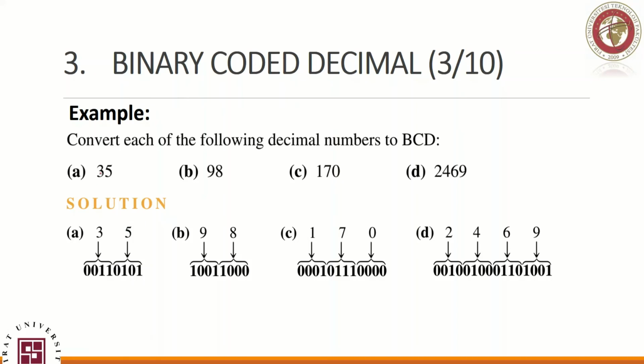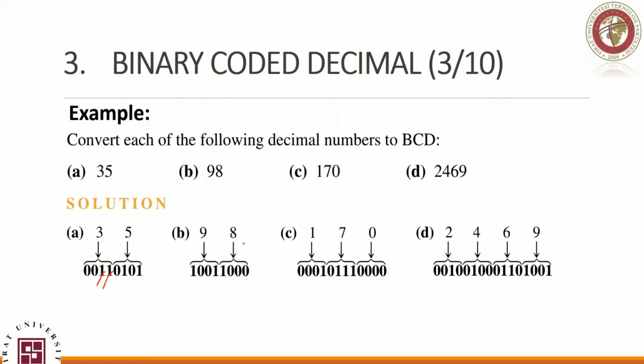How about 3? 3 is 2 plus 1, 0, 0, 1, 1. I hope you guys catch what I say, 2 plus 1. That means the positional weight here, the positional weight 8, 4, 2, 1. I hope you catch it. And 3, for example, is composed of 2 plus 1. So positional weight here 2, place 1, positional weight 1, place 1, so those are zeros.